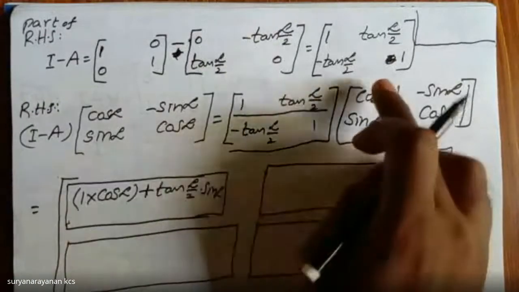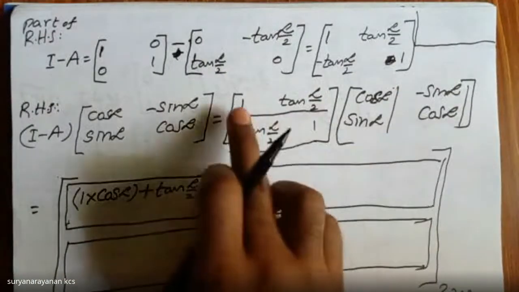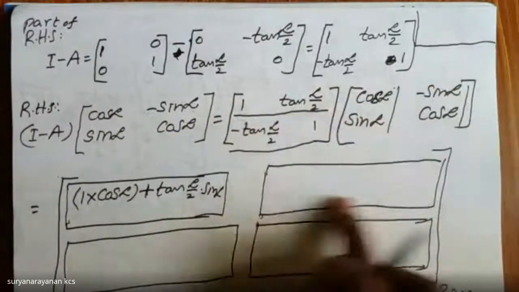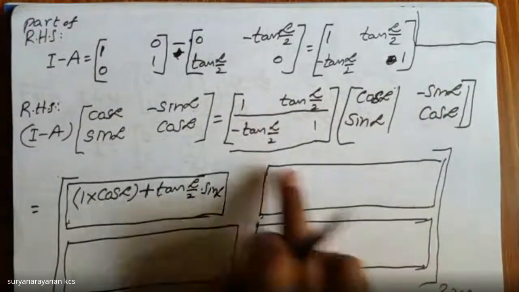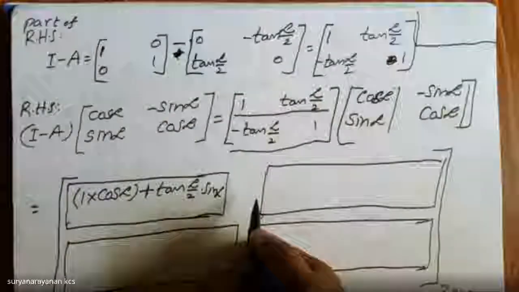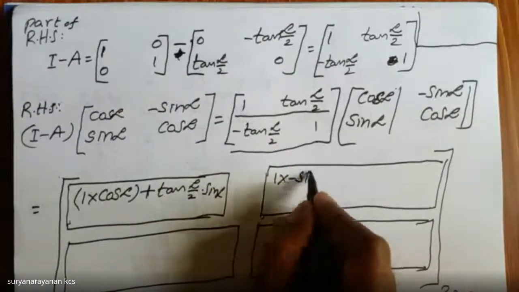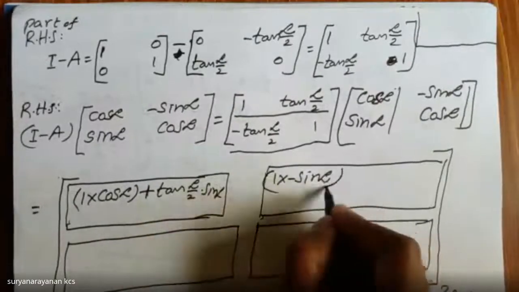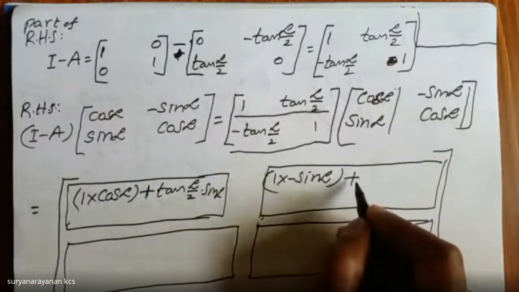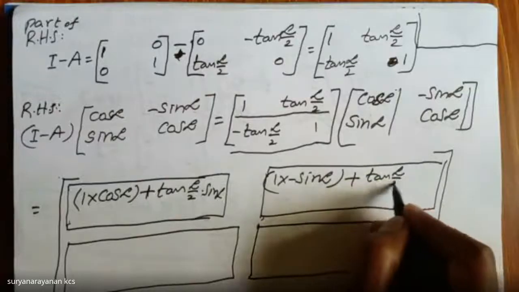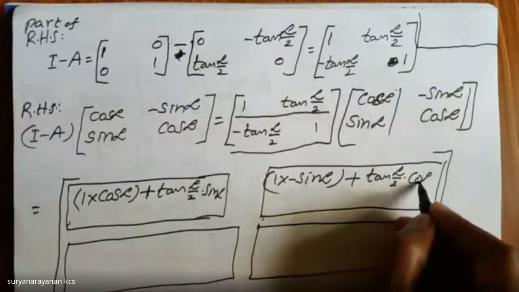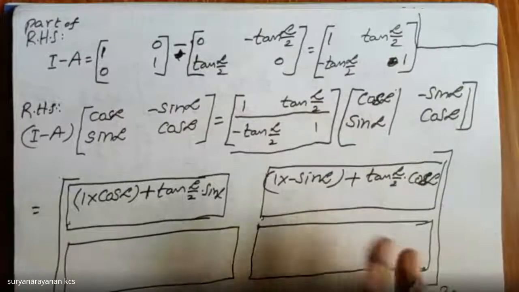Now, first row, second column, we fill the second box: 1 into minus sin alpha plus tan alpha by 2 into cos alpha. This is the second element.